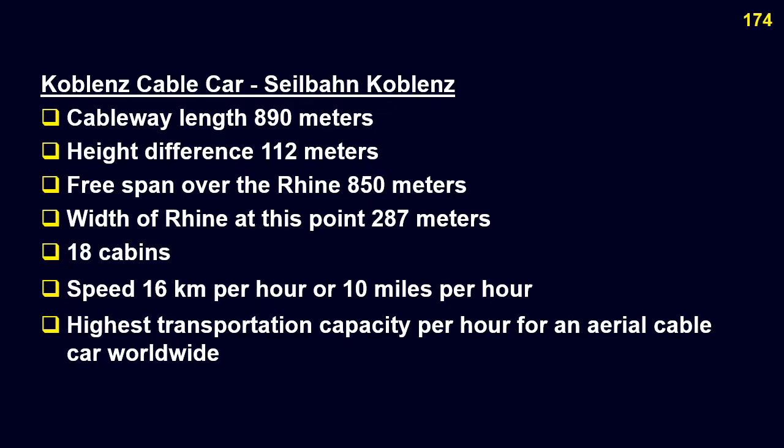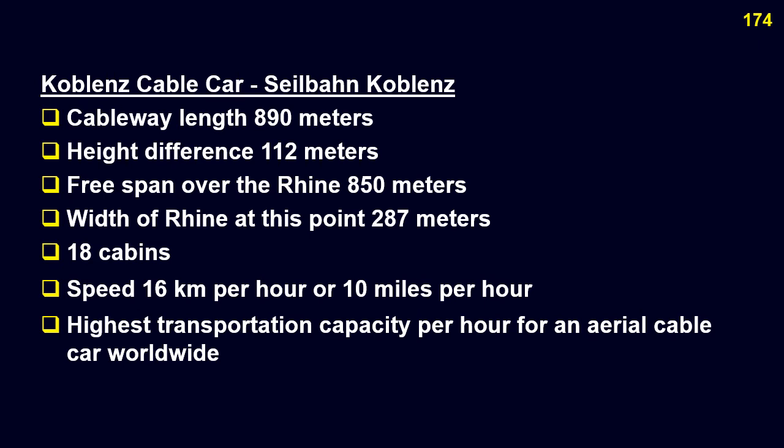Some facts about the Seilbahn Koblenz, or Koblenz Cable Car. The cableway length is 890 meters. The height difference is 112 meters. The free span over the Rhine is 850 meters, and the width of the Rhine at this point is 287 meters.